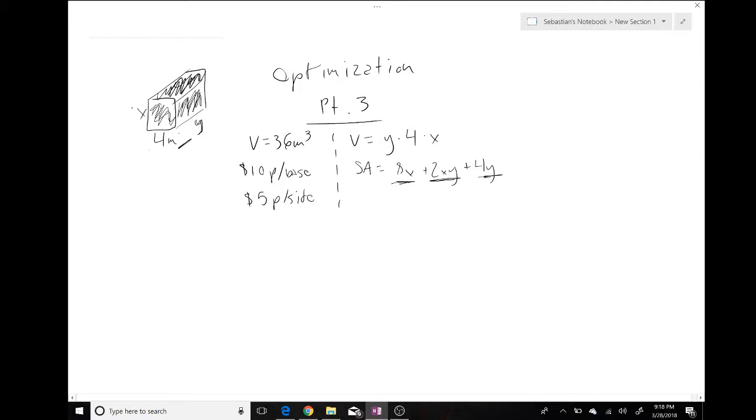Now this is the important formula you want to know. The price for the surface area, which is what we want to find out, the minimum one. So now we're going to plug in our other variables. 5 times 8x, because 8x is a side, plus 10 times 2xy, because it is also a side.